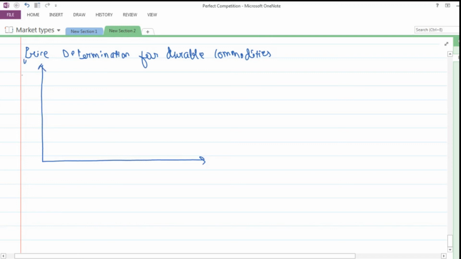So this is the y-axis and this is the x-axis, and we are measuring output over here and we are measuring the price over here. Okay, so what we find is that there is a certain fixed level of supply which a particular firm would always be maintaining in the market.